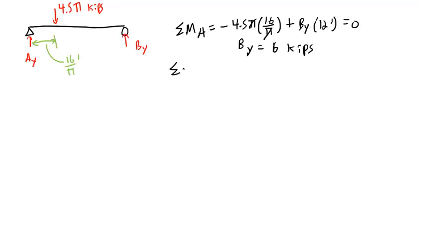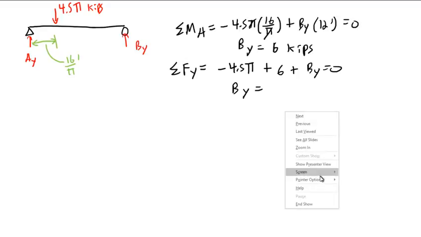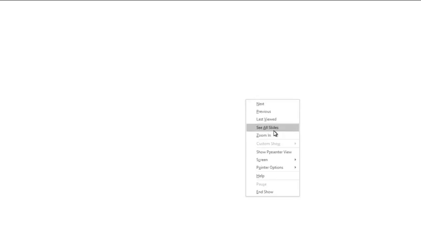Then, sum of forces in the y direction will give me negative 4.5 pi plus 6 plus AY equals 0. Oh no, AY is 4.5 pi minus 6.